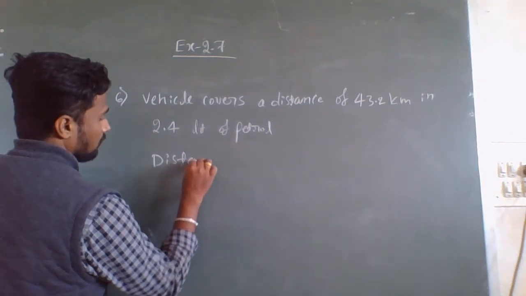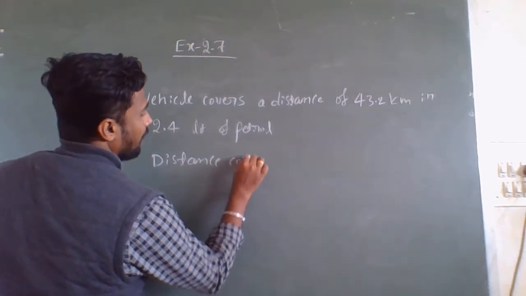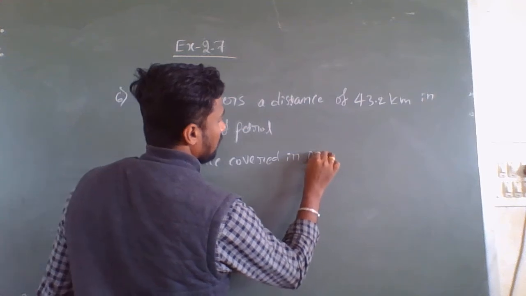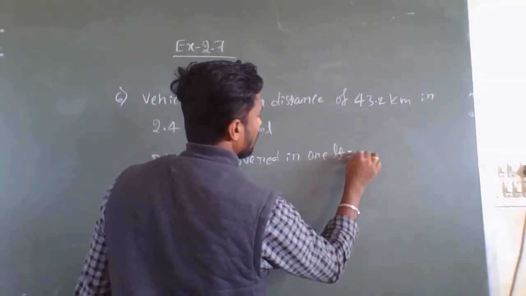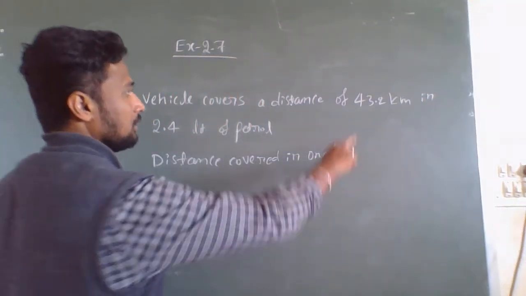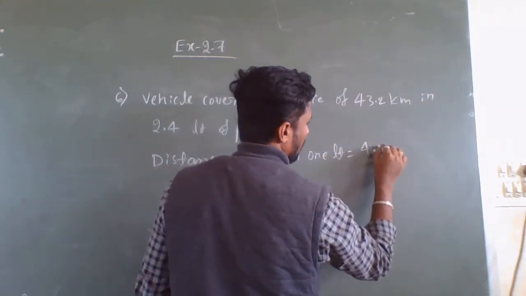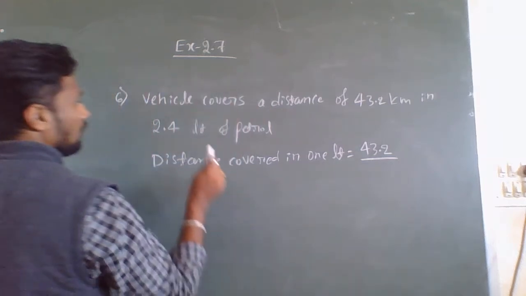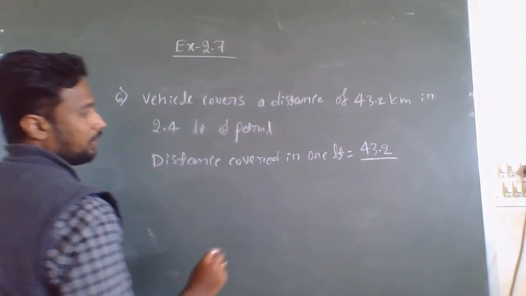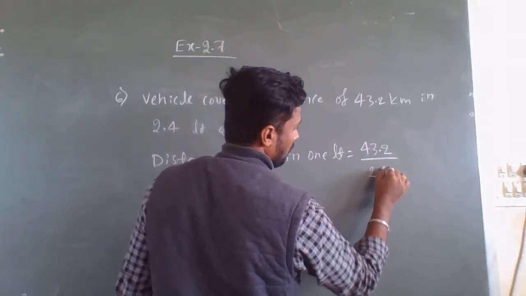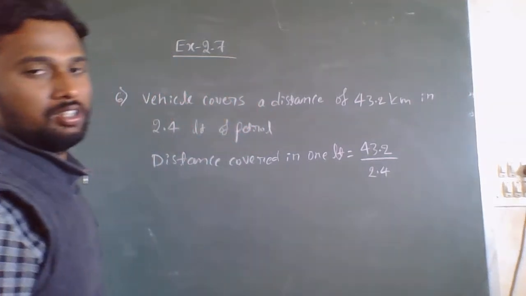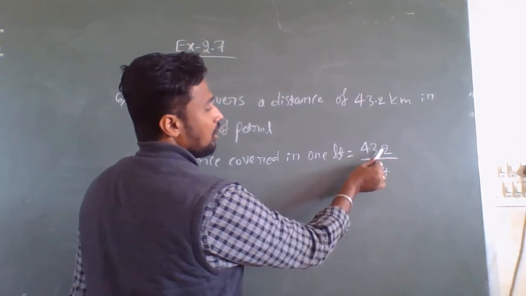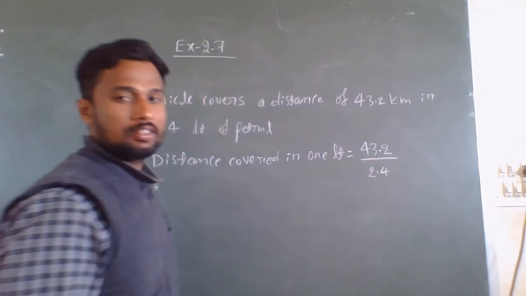Distance covered in 1 liter equals to, total distance is 43.2 kilometer divided by petrol used is 2.4. 43.2 divided by 2.4 means here you can see in numerator after decimal point how many digits are there?